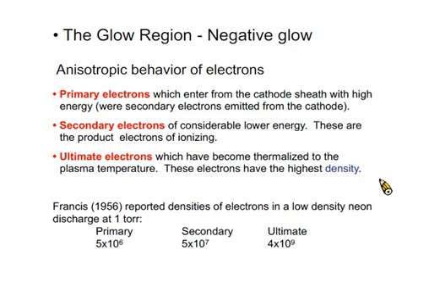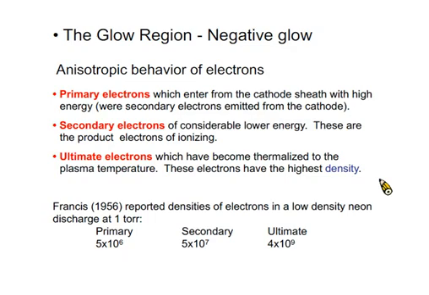And in Chapman's textbook, he gave the numbers of these electrons for a 1 torr DC glow discharge. Per cubic centimeter, the number of primary electrons is about 10^6, secondary electrons about 10^7, and ultimate electrons about 10^9.